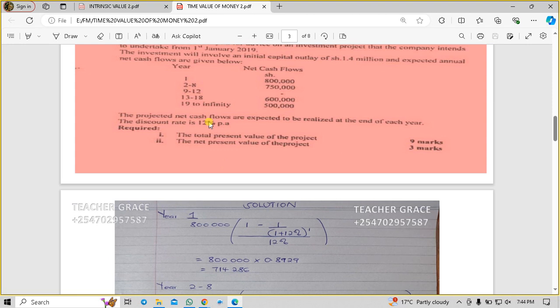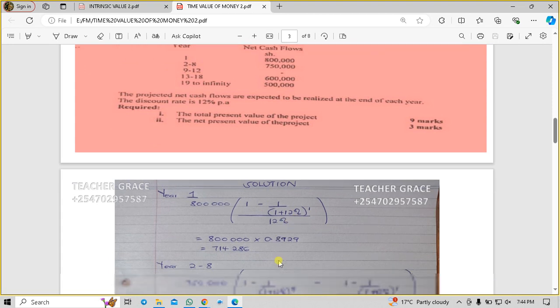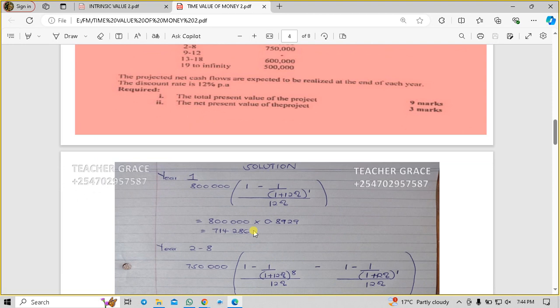So you'll always be given the discount rate, and because it's the first year, it is to power 1 over 12%. So 1 minus 1 over 1 plus 12% to power 1 over 12% is what you use to get the first year.